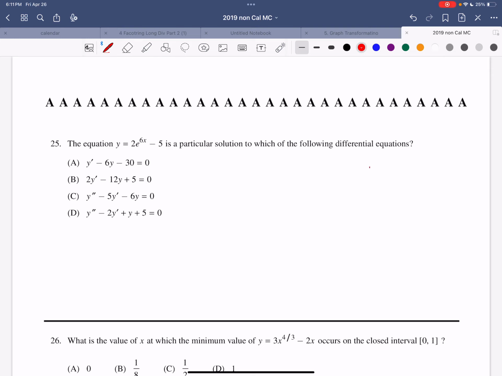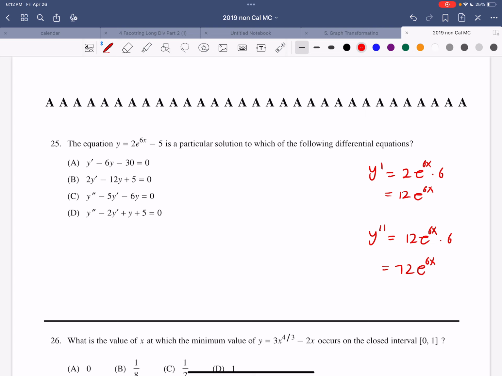First, if you take the first derivative, this is going to be 2e to the 6x times 6, which is 12e to the 6x. And when you take the second derivative, this is going to be 12e to the 6x times 6, which is 72e to the 6x. So first, keep that, have this one with you.